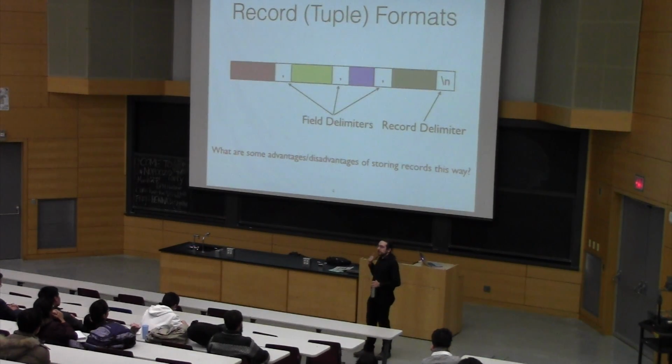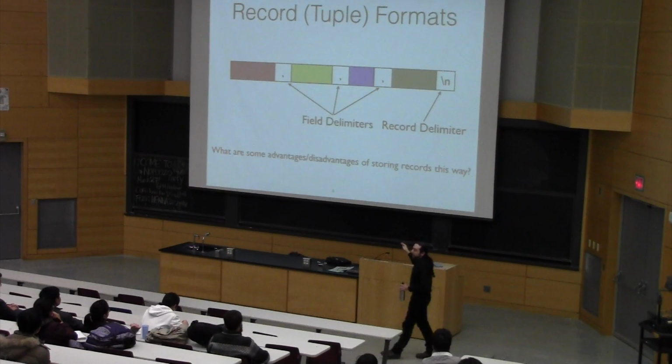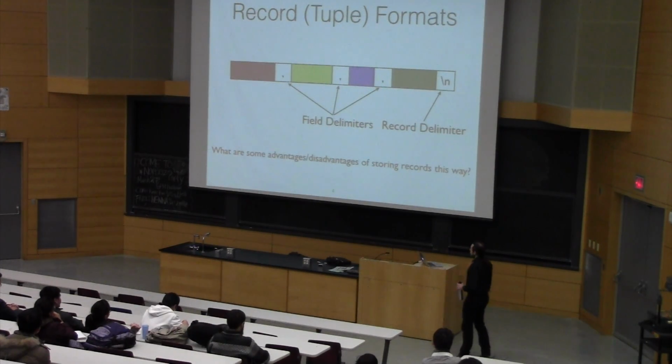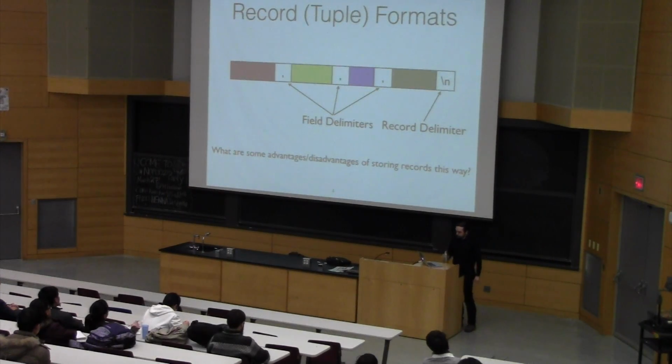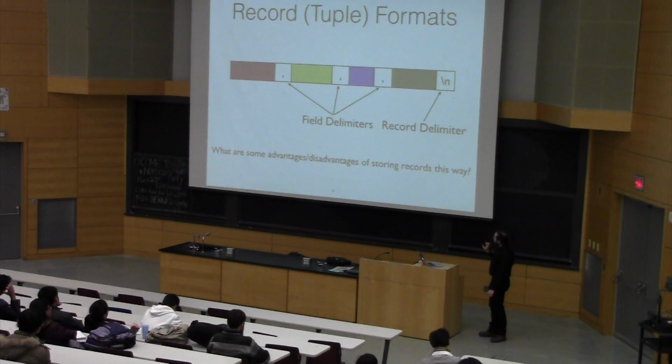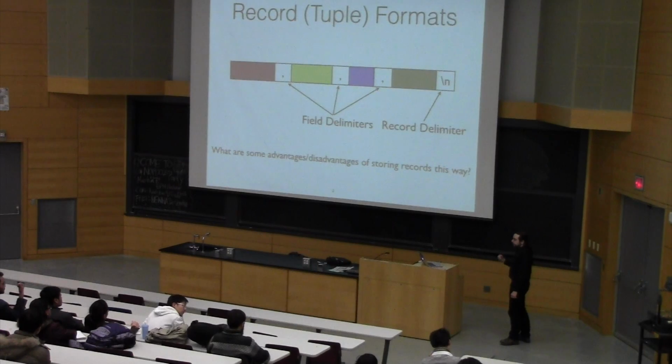Actually, it's worse than that. What if I want to get the blue record out of this? I have to scan through the entire record. So this particular representation doesn't work very well if I want specific fields out of this record. Okay, so this is easy to work with, but potentially quite slow.